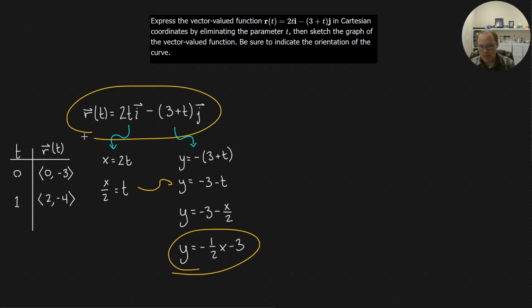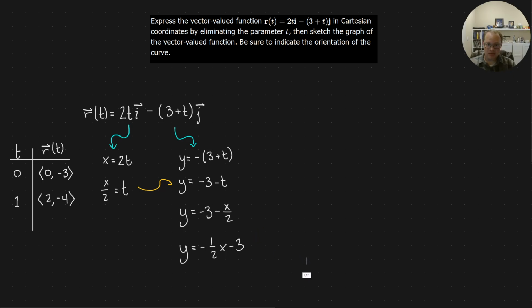These describe the same curve, but this is much more familiar, right? This is a line. Let's graph the line real quick. It has y-intercept at (0, -3) and slope -1/2, so down 1 over 2.